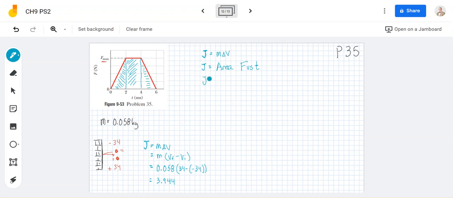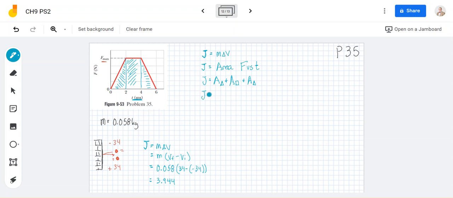So the area is going to be area of triangle 1 plus the area of the rectangle plus the area of triangle 2. One thing to note is that this is the time in milliseconds, not seconds. That's going to be important later when I actually go to calculate the area.